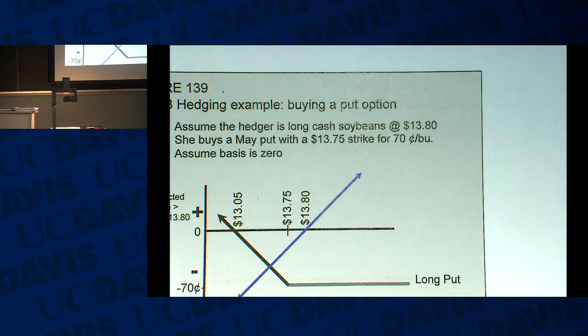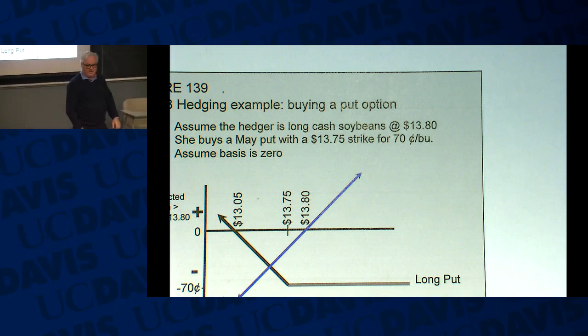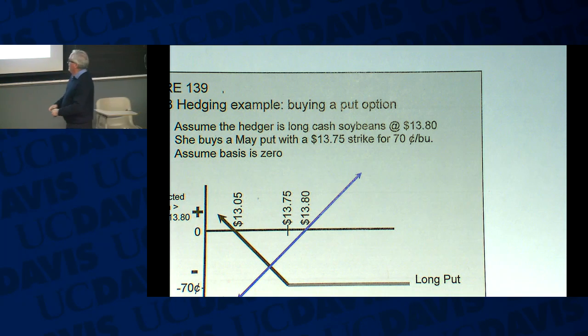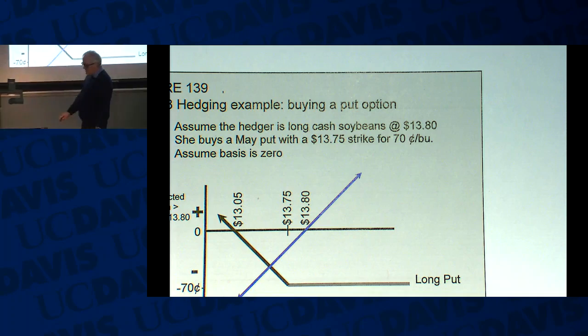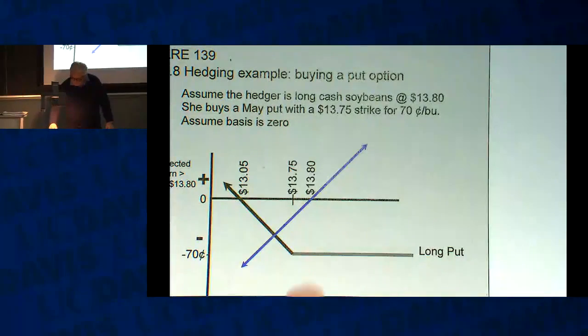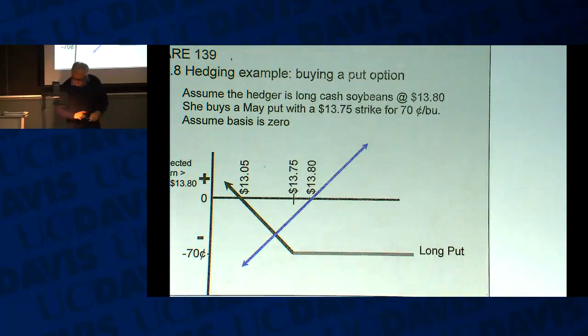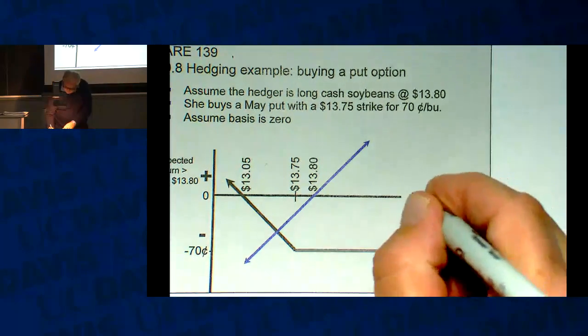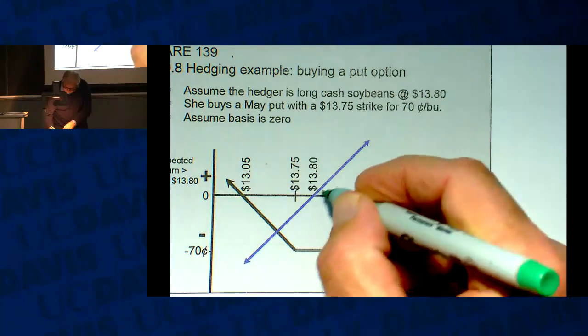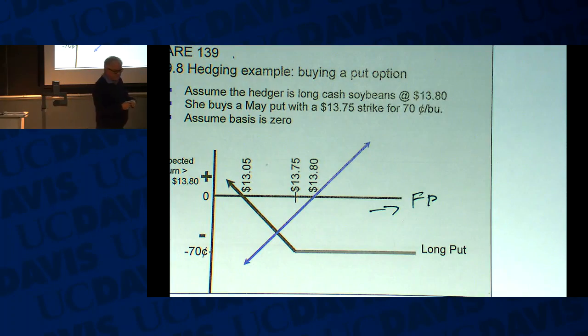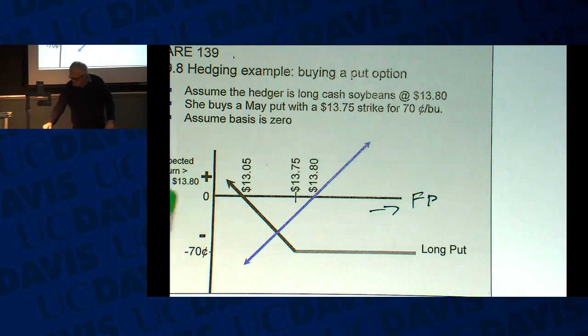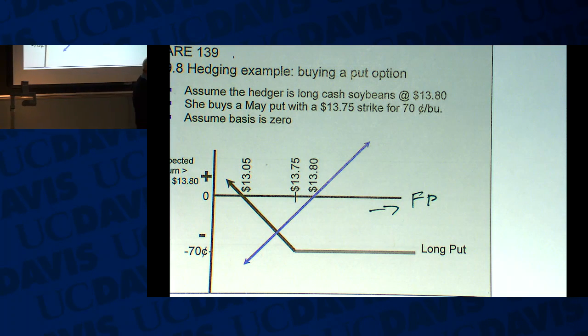So we draw the put on the payoff chart. She's long cash at 13.80. If the futures price rises, then her soybeans are going to be worth more money, and her expected return is going to be greater than 13.80. If it falls, well, we know that story.